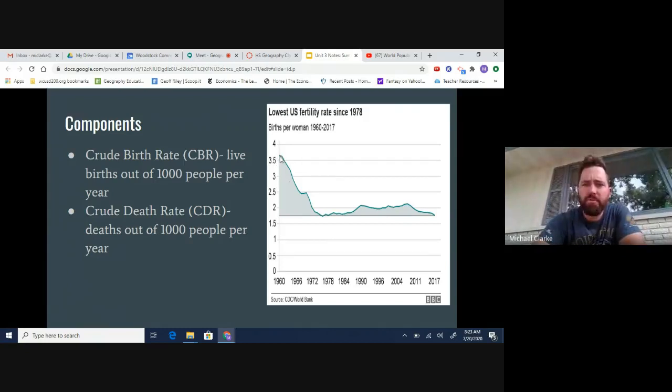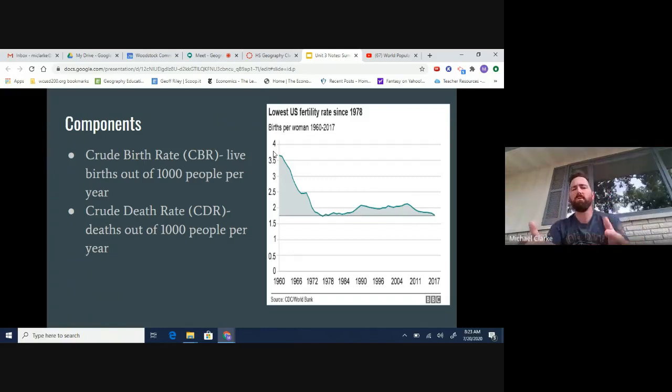Look at this. The average woman was having almost 4 children in 1960, and then all of a sudden it begins to really fall, and it just flatlines during the 1970s, picks up a little bit in the 1980s, but it's nowhere near. Right now, the average woman has about 1 to 2 children in her lifetime. 60 years ago, she was having almost 4 children in her lifetime.